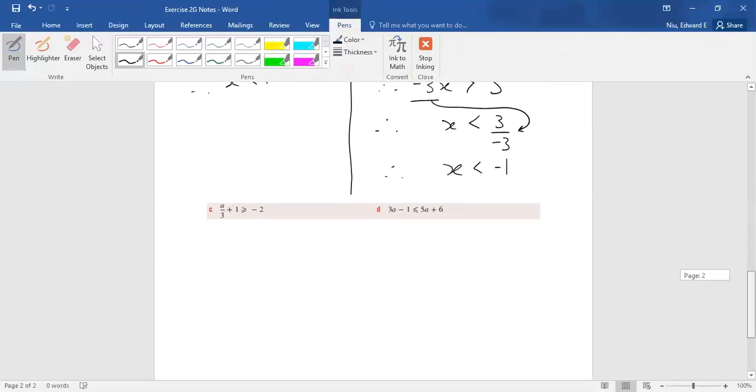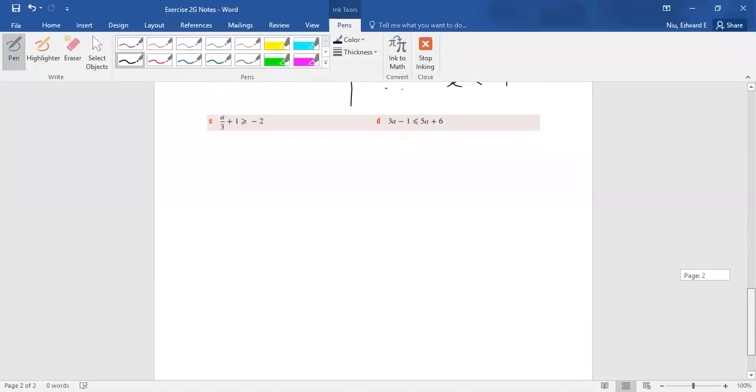Let's keep moving. These double inequalities, so these ones with the equal sign underneath, they don't really matter. It's still the same procedure. So we don't have any brackets. We have an addition term here, the +1.